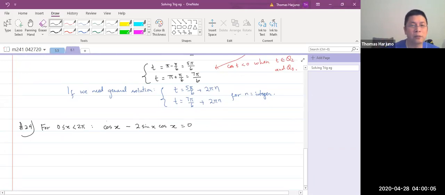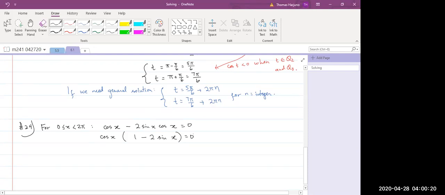We will factor first. Factor out the common factor cosine x. I get cosine x times (1 minus 2 sine x) equals 0. Set them to 0.